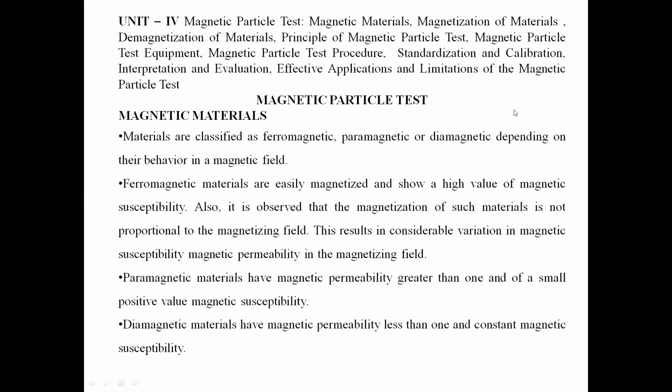And the next topic is standardization and calibration. Next one is interpretation and evaluation of results obtained from the magnetic particle test. And next one is effective applications and limitations of the magnetic particle test. These are the contents comprised by our syllabus. That is the fourth unit.